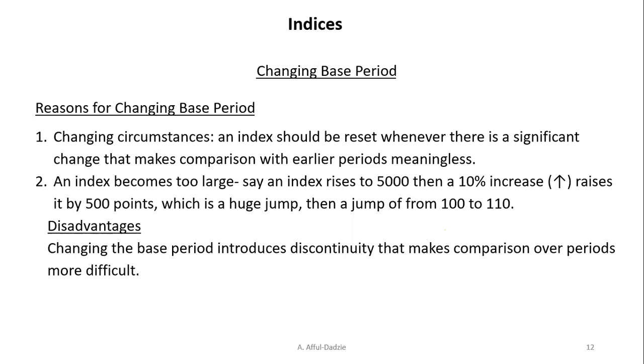The main disadvantage with changing the base period is the fact that it introduces a sharp element of discontinuity, and it casts a dark shadow on why we are making the comparison and not considering certain periods. A typical example in Ghana's case is, I find it difficult to understand that whenever a political party is in power, they seem to want to compare their performance to what it was in the previous government's dispensation.